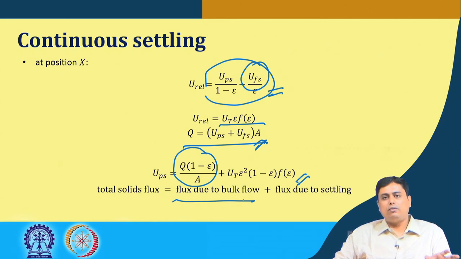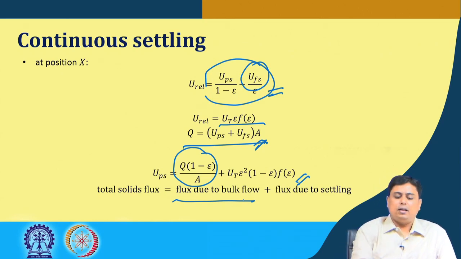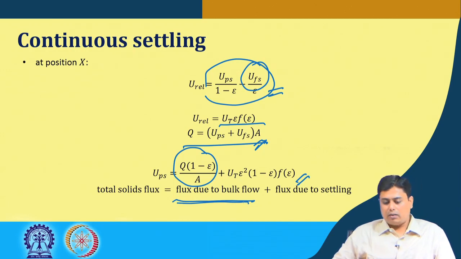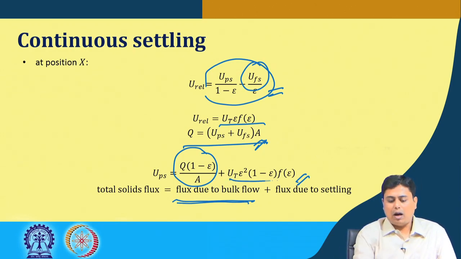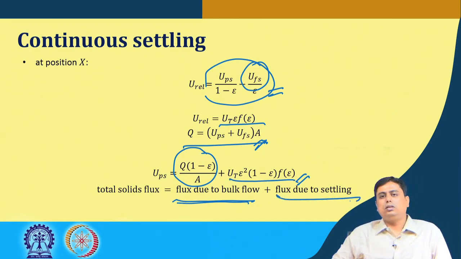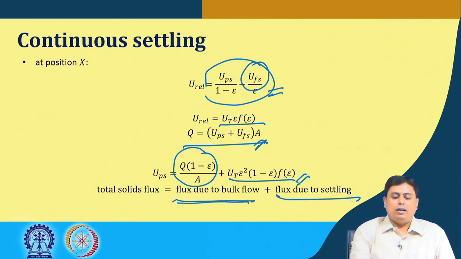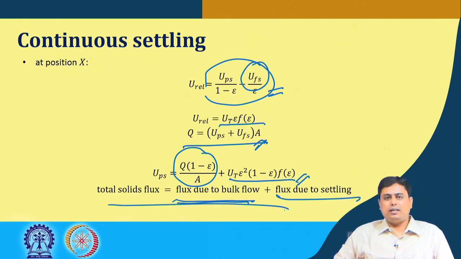So the total solid flux is basically the flux due to the bulk flow, and the next part is the flux due to settling. At any position in a vertical location, in any plane, the total solid flux equals the flux due to the bulk flow plus the flux due to settling.